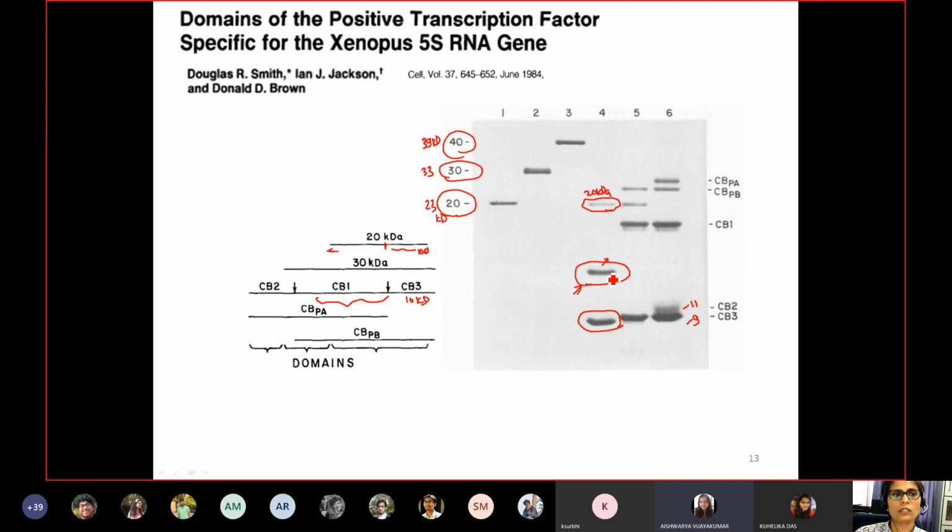Only after iodoacetate treatment, and then the further smaller fragments, was it revealed that all these proteins are actually similar, and they give the same running pattern. So it can happen that at this running pattern they behave a little differently. Okay, ma'am. Thank you. You're welcome.